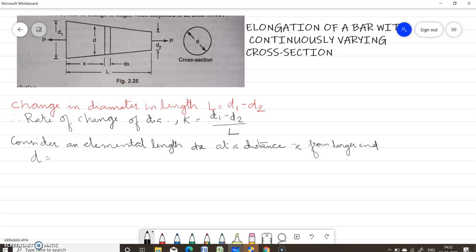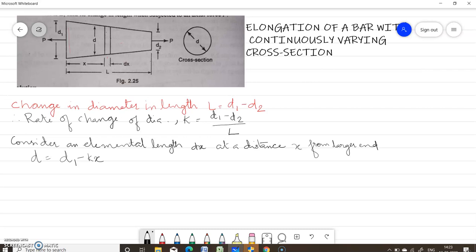So for x length, the rate of change of diameter is k into x.